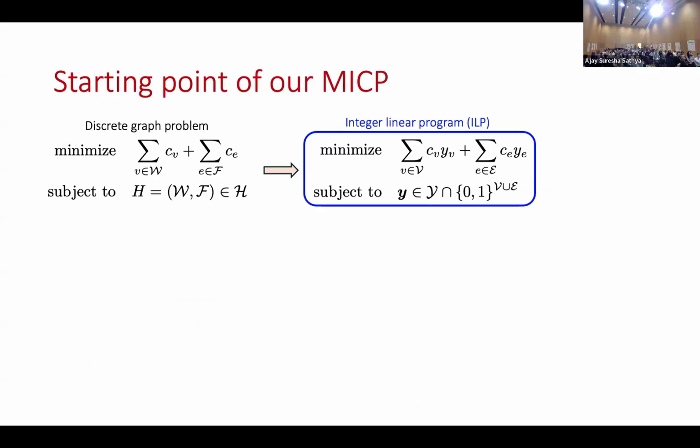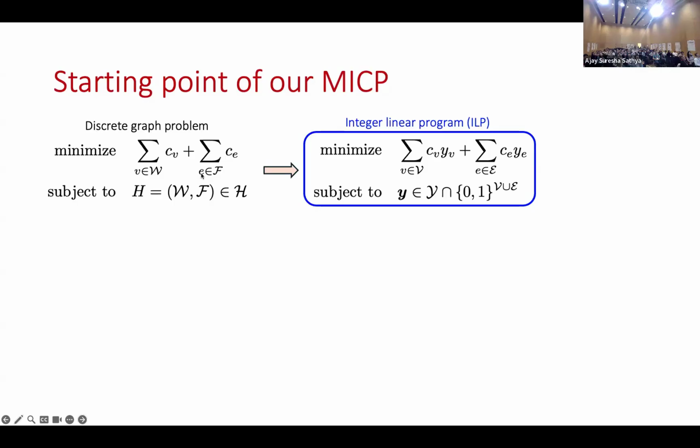So just a couple of quick highlights on how we construct our mixed integer convex program that models the GCS problem. The starting point is the formulation of a discrete graph problem, the one here on the top left, as an integer linear program.